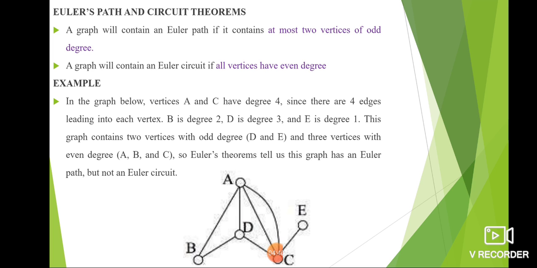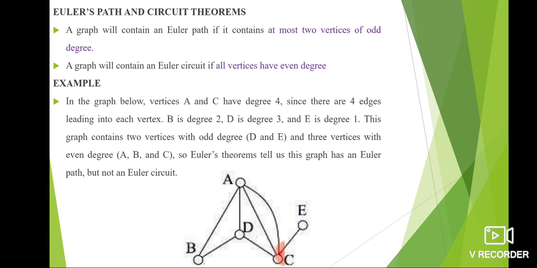So if in the graph we have two vertices of odd degree, then the graph will contain Euler path. Similarly, if all the vertices in the graph have even degree, then you can say that a graph will contain Euler circuit.